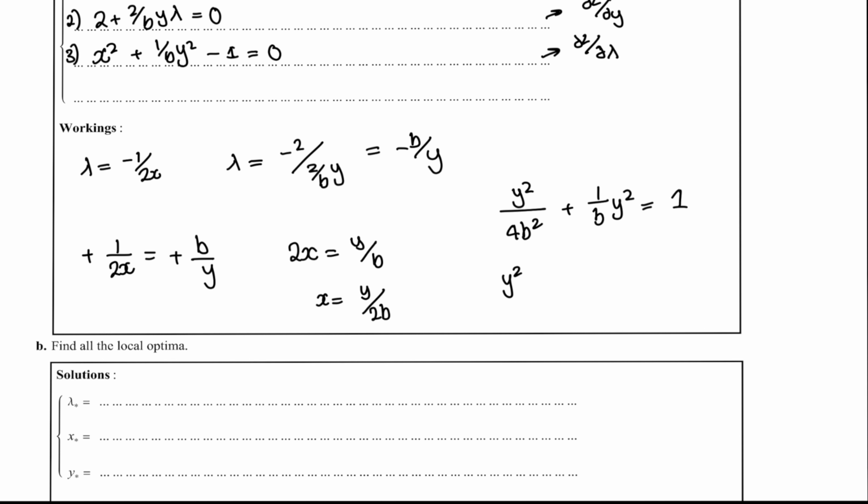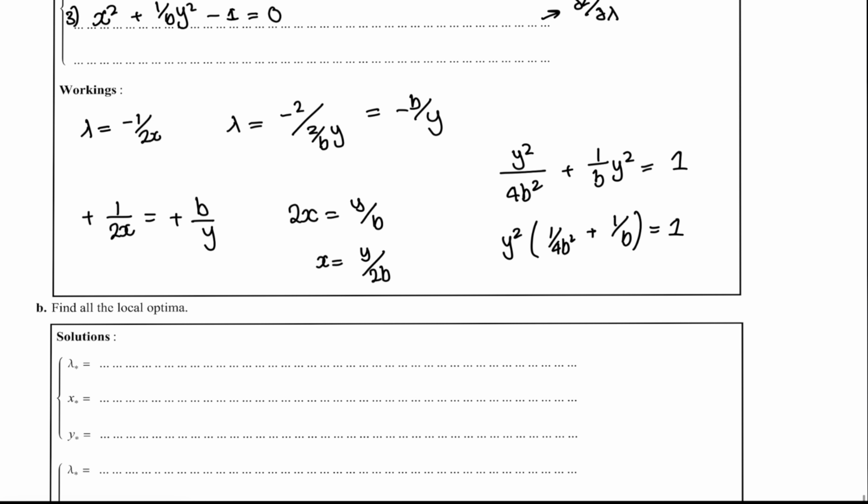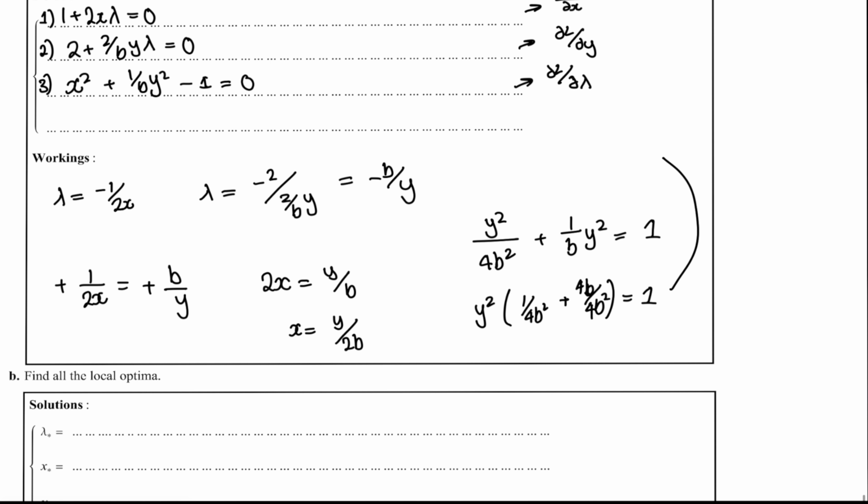So factorizing out the y squared, we have y squared brackets 1 over 4b squared plus 1 over b is equal to 1. If I multiply the top and bottom by b, I get b over b squared, and then if I multiply the top and bottom by 4, I get 4b over 4b squared. Now we can add these two, which gives y squared brackets 4b plus 1 over 4b squared is equal to 1.